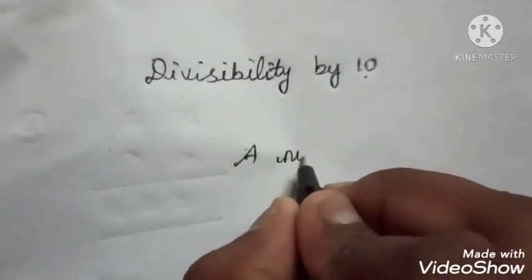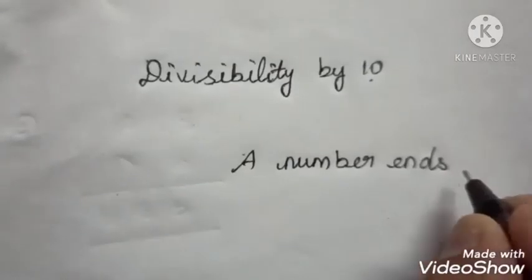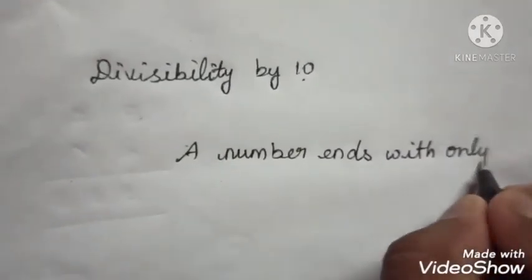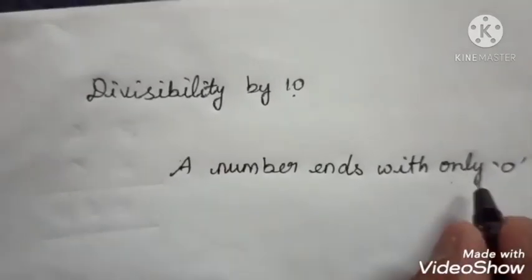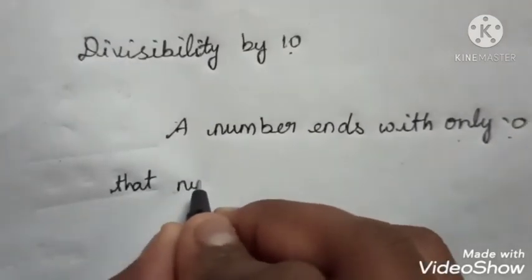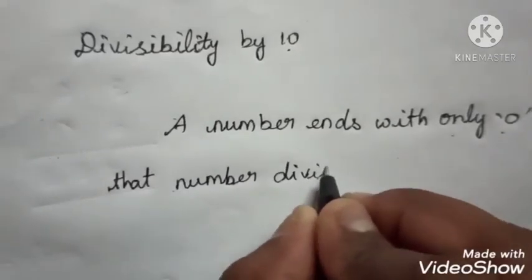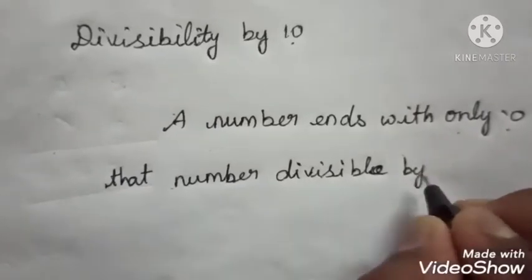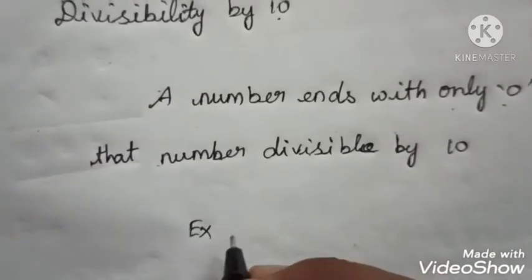A number that ends with only 0 is divisible by 10.